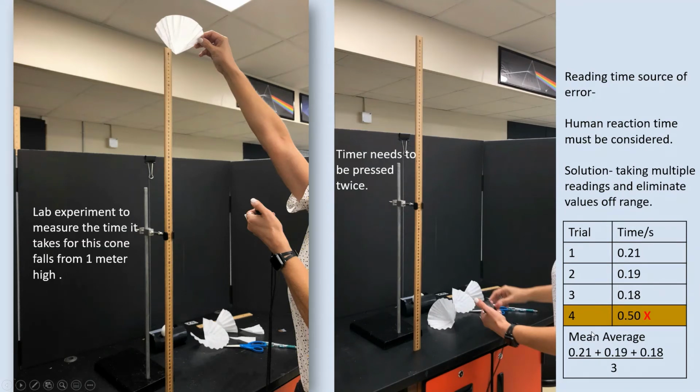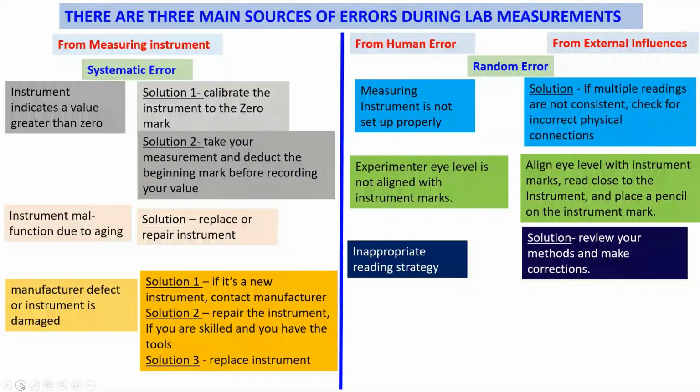So in your computation, to calculate the mean average, you are going to eliminate trial 4 and take into consideration just those values that are about the same range: 0.21, 0.19, and 0.18, divided by 3. So for inappropriate reading strategy, the solution would be to review your methods and make corrections.